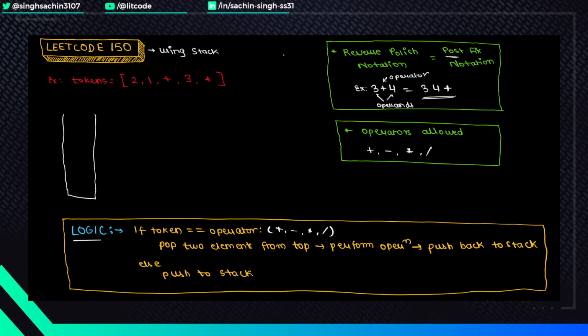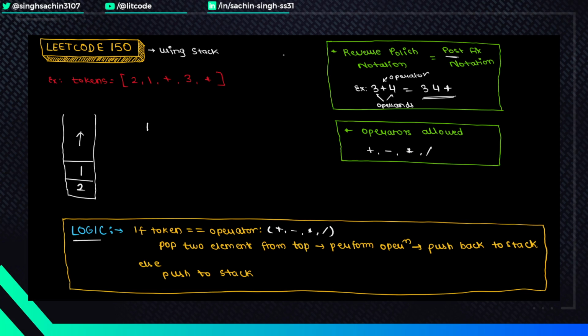For example, let's take this one. First, 2 is an integer, so we will just add that in the stack. Now we have 1, it is again an integer, so we will add that in the stack. But now we got plus. This is an operator, so we will pop these elements.